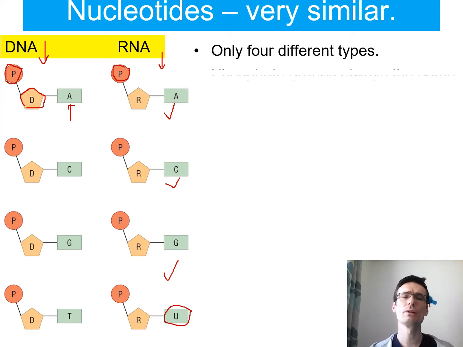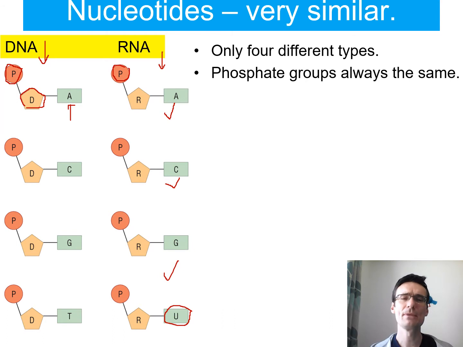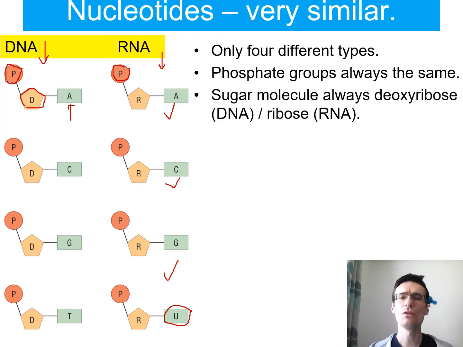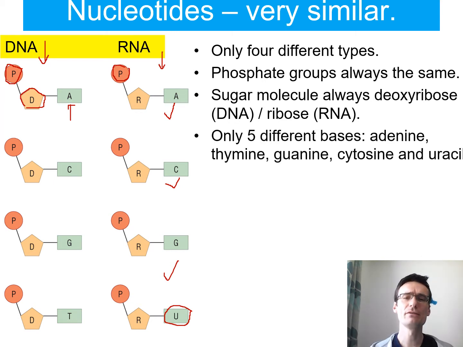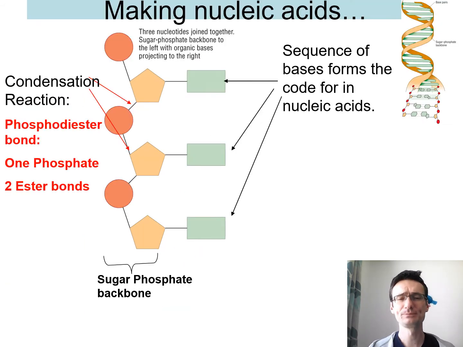So the phosphate's always the same. There's always a pentose sugar, which is either deoxyribose in DNA or ribose in RNA. And there are 5 different bases overall. Uracil is in RNA, whereas thymine is in DNA. Adenine, guanine, and cytosine are the same in both DNA and RNA.